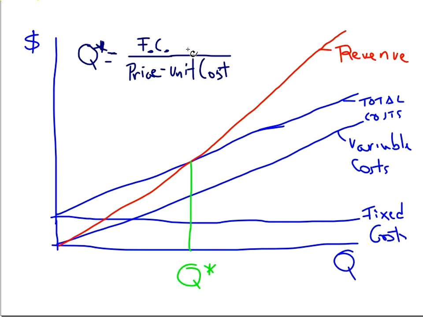So let's make an example. Let's say that the fixed costs in a particular manufacturing plant is $1 million, and that's a fixed cost, say, per month.